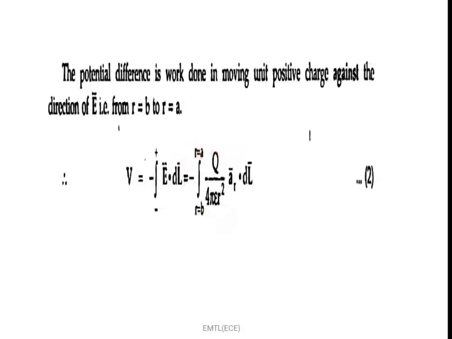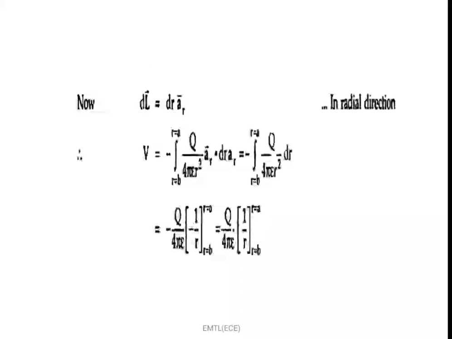Here substitute the expression for E, that is equation 1. The E expression according to Gauss law, for a sphere of radius r, is Q by 4 pi epsilon r square a_r bar, dot dl bar. It is a radial component, that means it has only the radial direction.